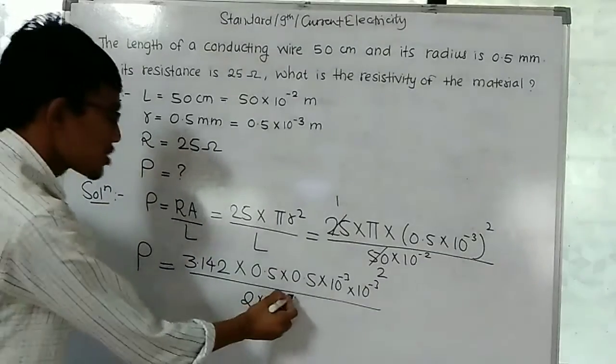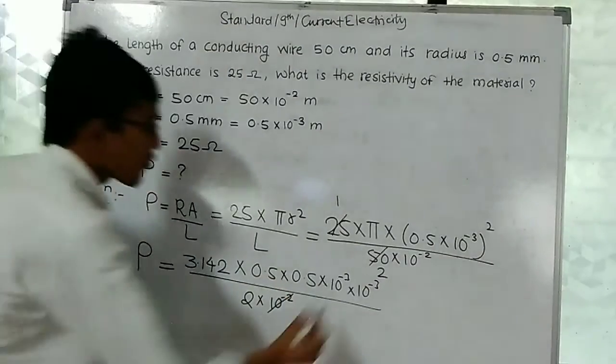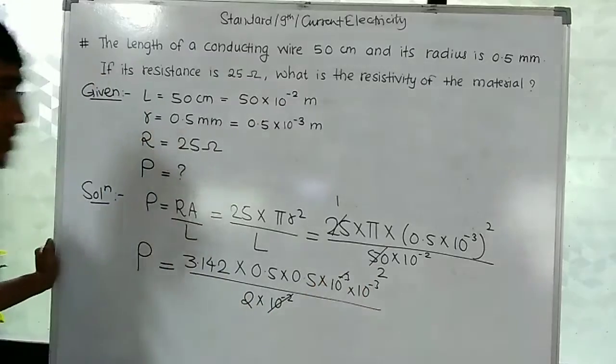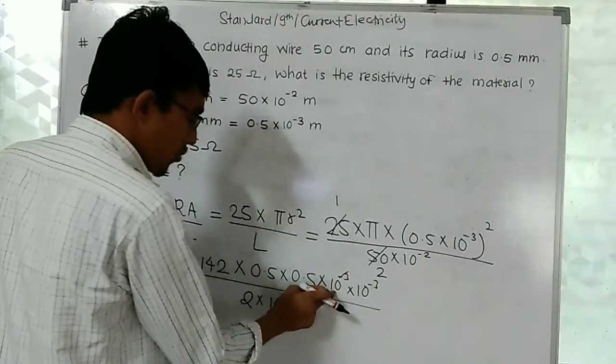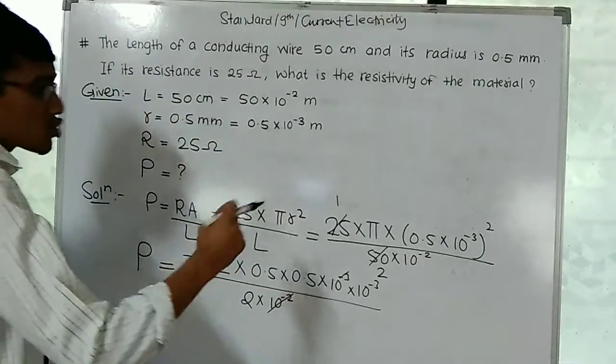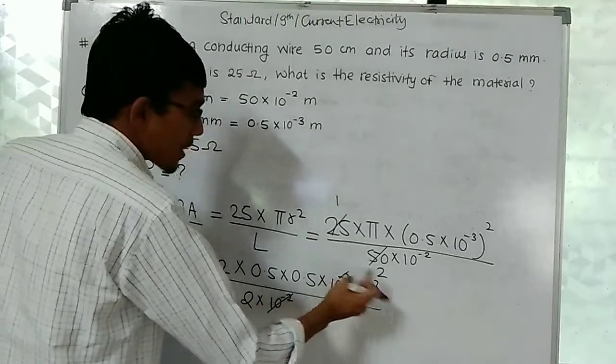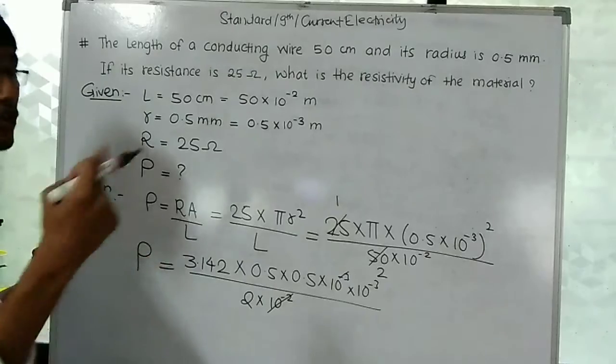Now this 10 raised to minus 2 and from here 10 raised to minus 2 can be cancelled. What we will get then? 10 raised to minus 1 over here. 10 raised to minus 1 into 10 raised to minus 3 will be 10 raised to minus 4.